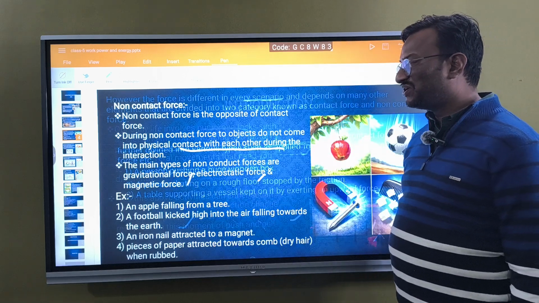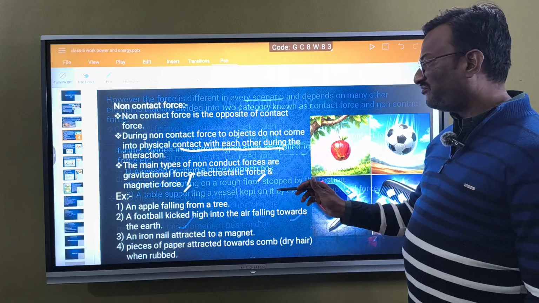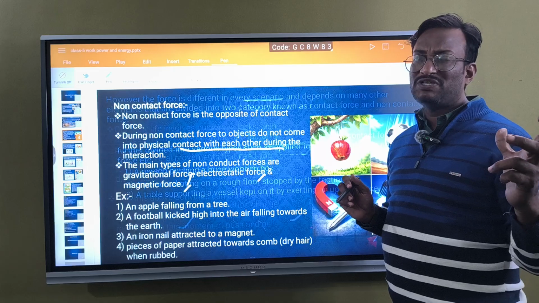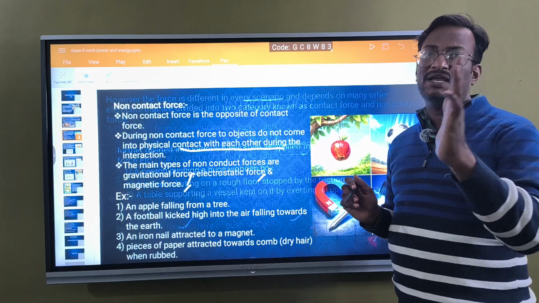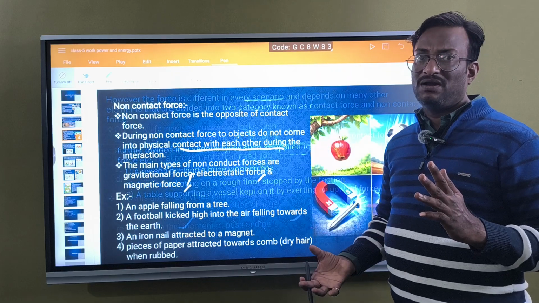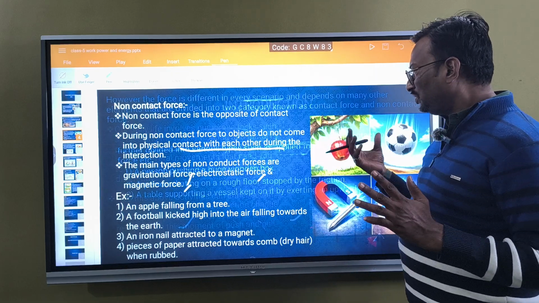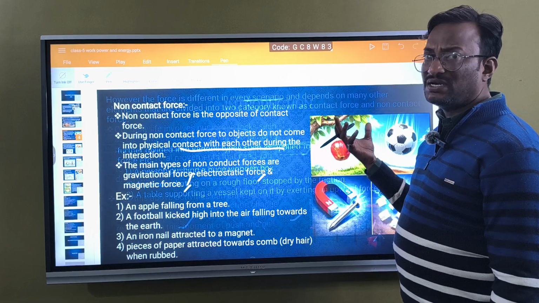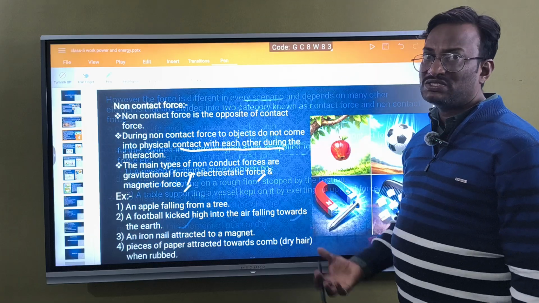Here are a few examples of non-contact force. One is an apple falling from the tree. The apple which is completely ripened, or when some heavy wind is blowing, some fruit will fall from the tree. There will be no contact between the earth and the fruit on the tree, but the fruit will fall towards the earth.